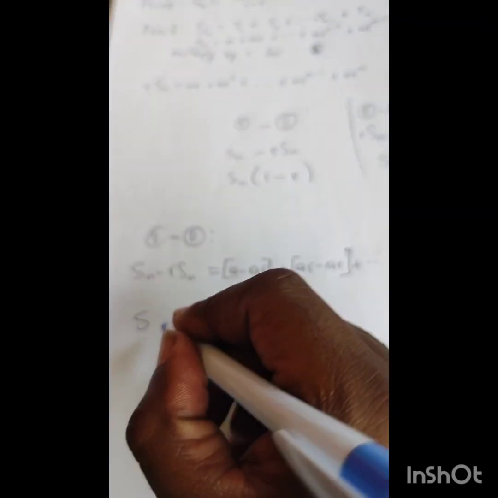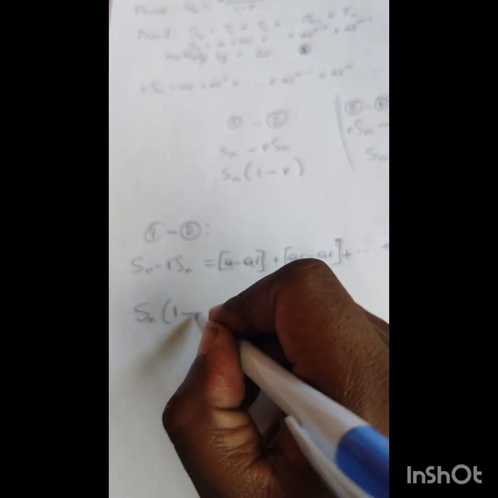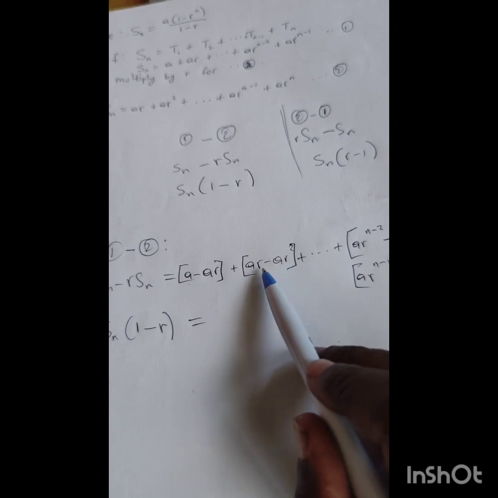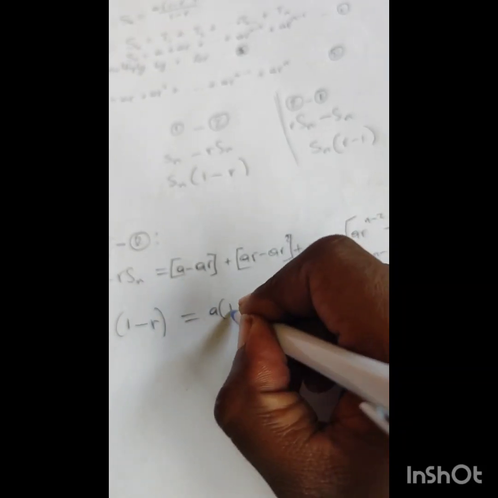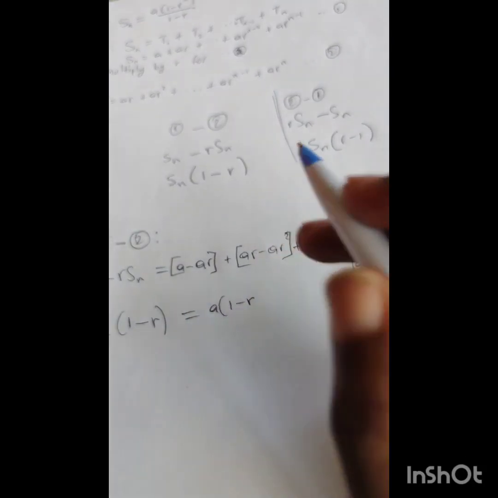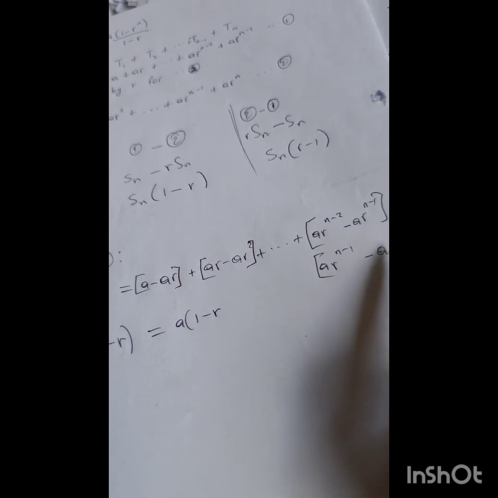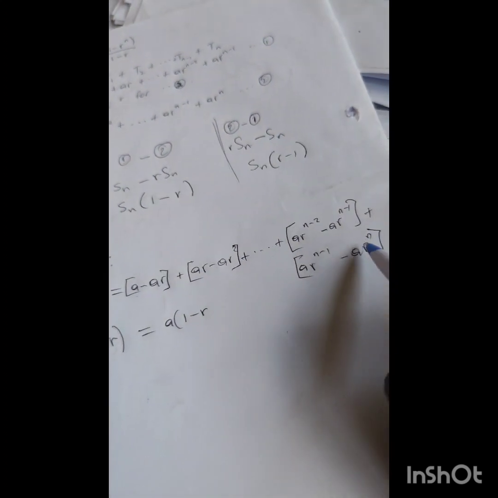So by factoring out Sn, we will be left with 1 minus R. And then we go to the right, we factor out A. So in all of them, they are the same actually, because we factor out A here, we'll be left with A into 1 minus R. And then the thing is, this continues like R to the power 1, R power 2, R power 3, continue until R power n.